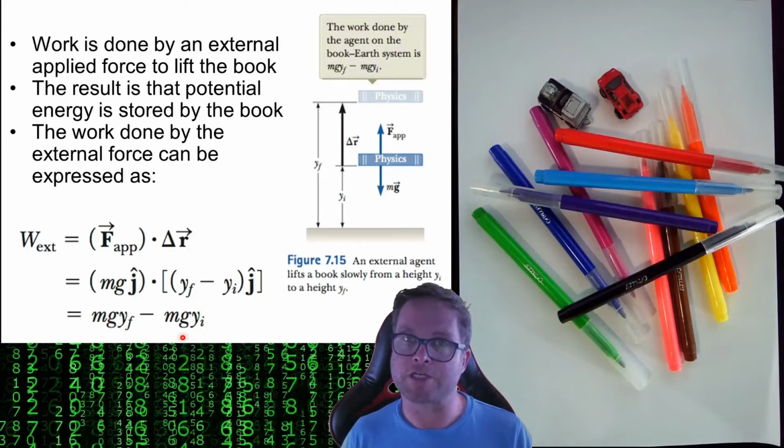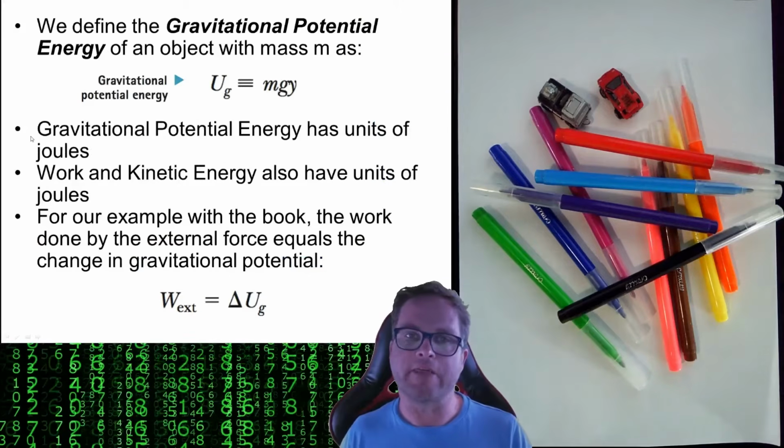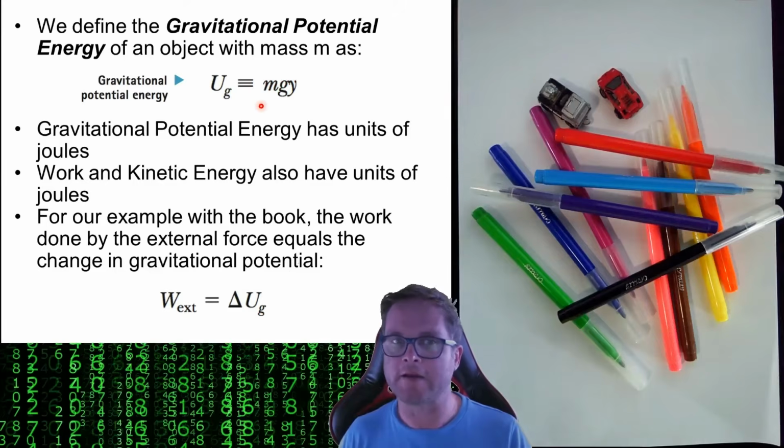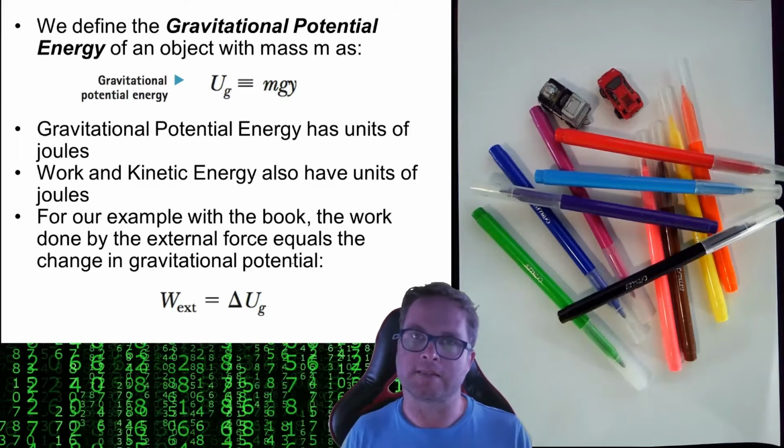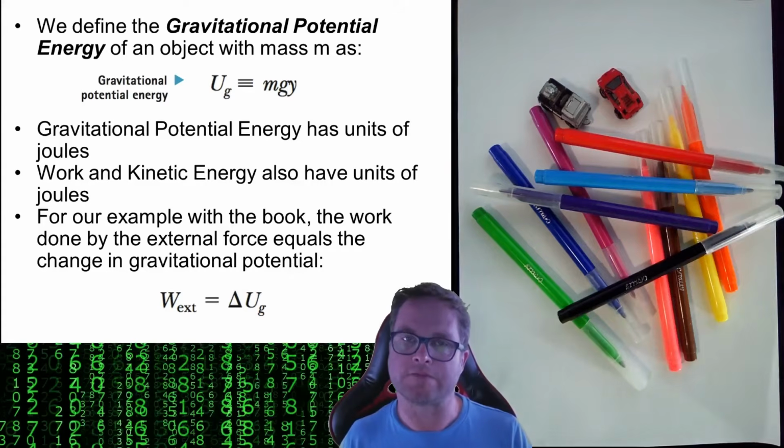It's interesting for us to look at the form of the terms just derived, and you'll note that each of the terms are in the same form. And then from this, we go on to define the gravitational potential energy of an object with mass m as mgy, where y is the height of the object relative to the ground or the reference frame.